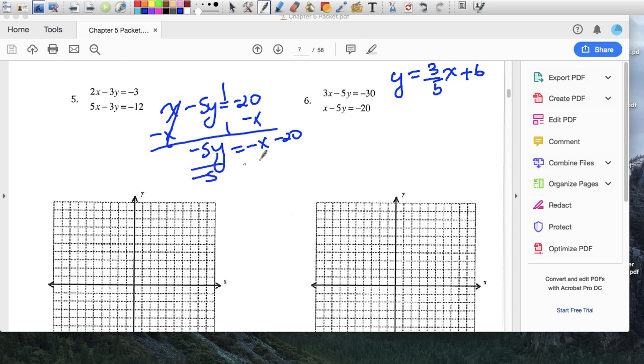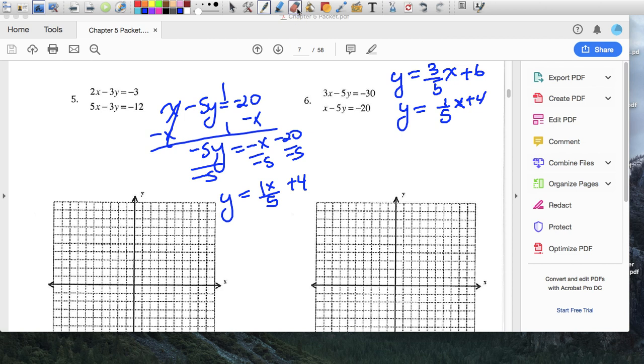Divide everything on the other side by negative 5, and then I'm going to get y equals positive x over 5, which I'm just going to rewrite as 1 over 5 x, plus 4. So this second one becomes y equals 1 over 5 x plus 4.